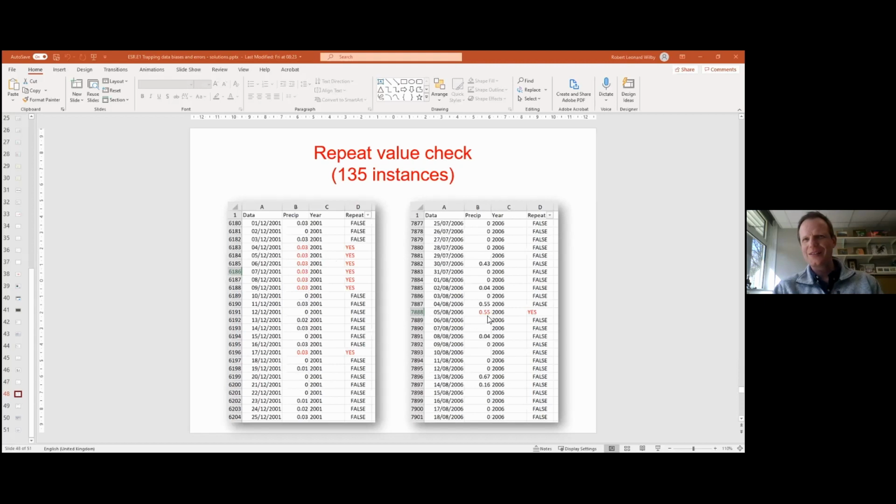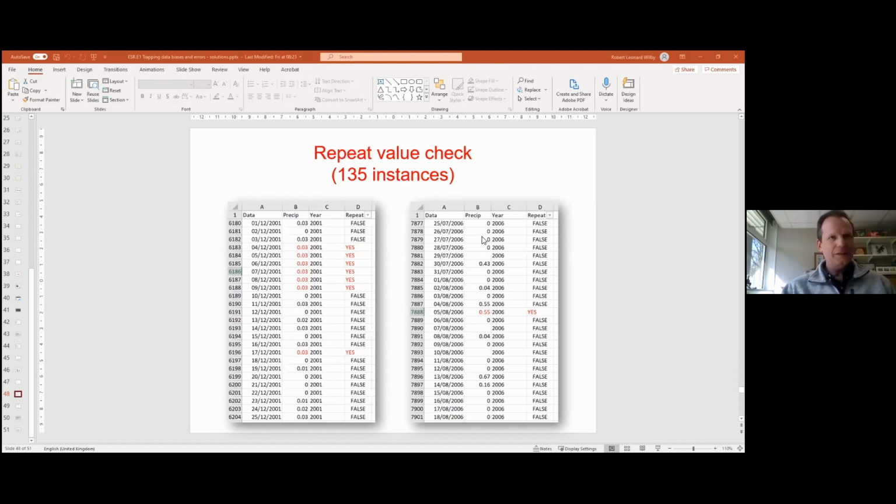Or in this case here, what's the chance of 2 days each having 0.55 millimeters exactly? Is that a keystroke entry error, or was that a real event? Was it just by chance that that happened in those days? But overall, looking at the rainfall data, I think there's 135 instances where there are replicate values which we might want to check.